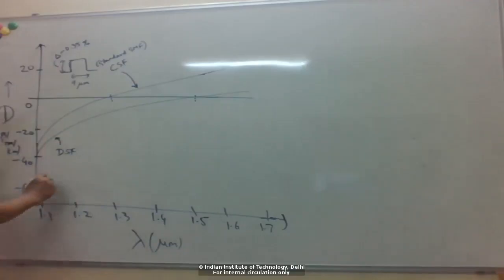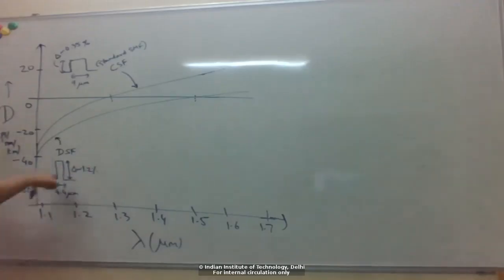Right, so this has a smaller core. So diameter here is about 4.4 micron, and larger index contrast, so more than 1%.